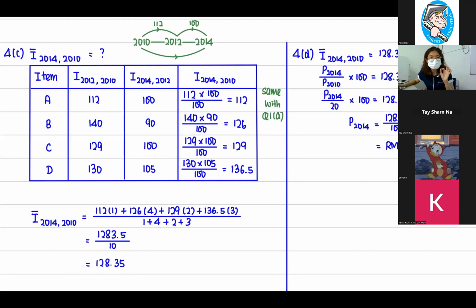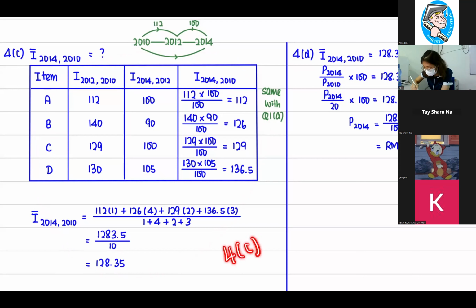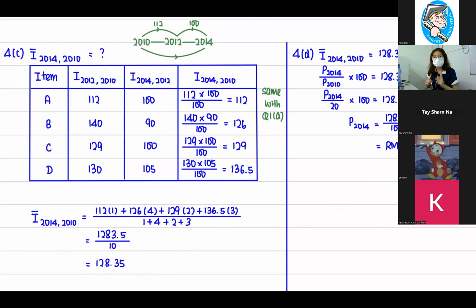Okay, remember to drink some water to hydrate your brain. Again, let me remind you, after you understand these 4C, remember to try 3D. This is a must, so that you can remember. You must try, as many times as you can.